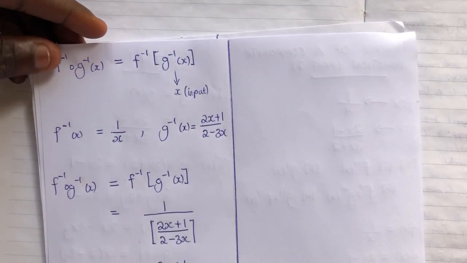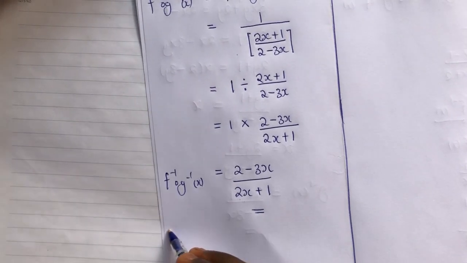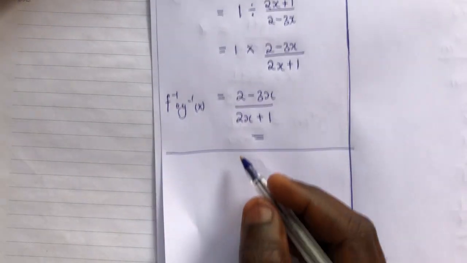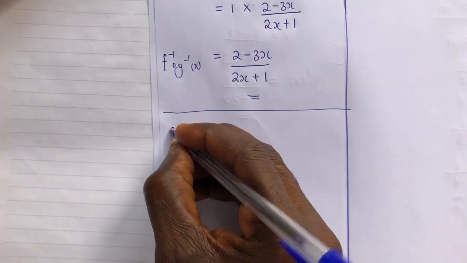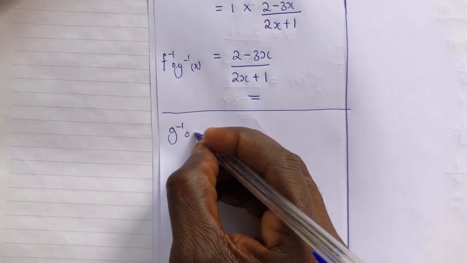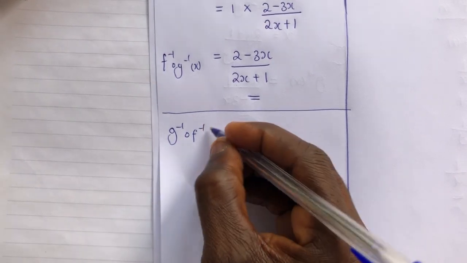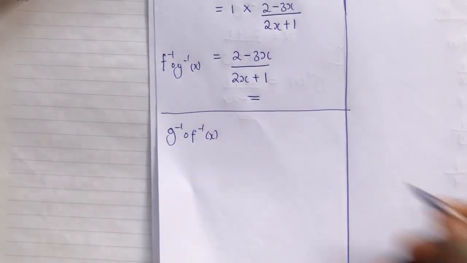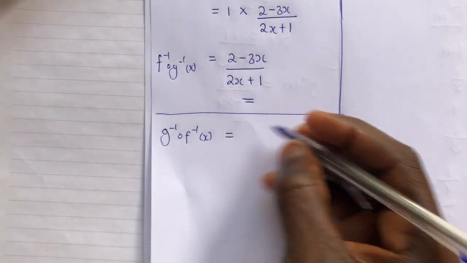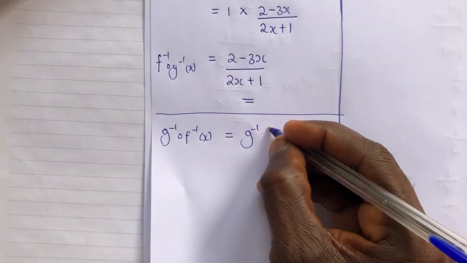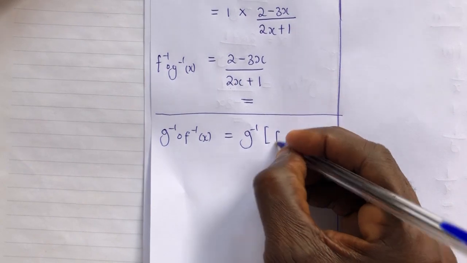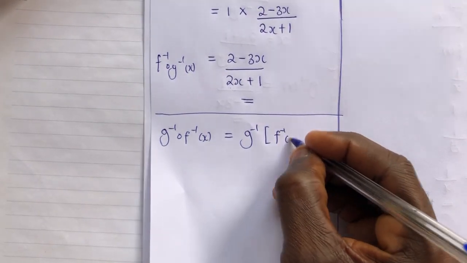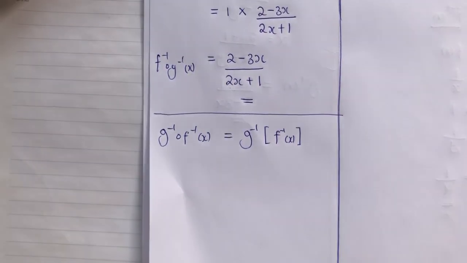We are told to find g inverse. This is g inverse of x, and we write it as the outer function containing the inner function f inverse of x.